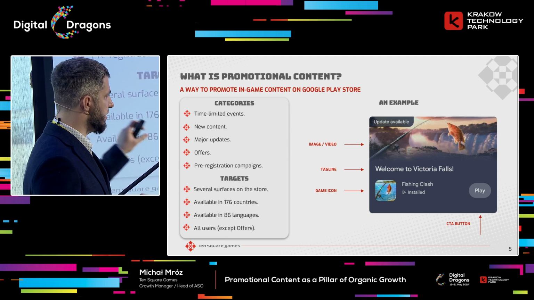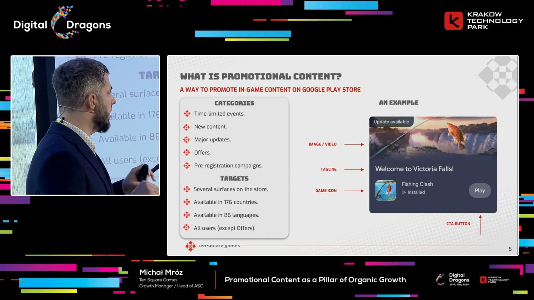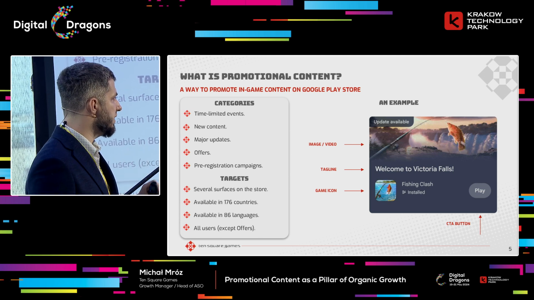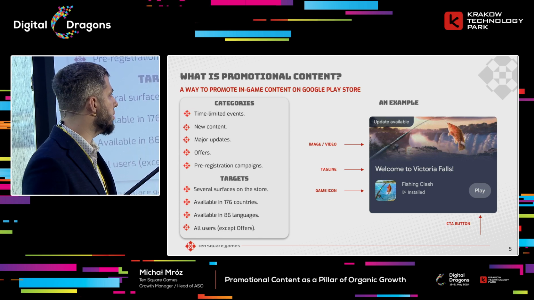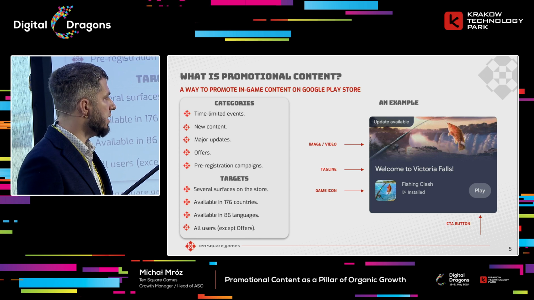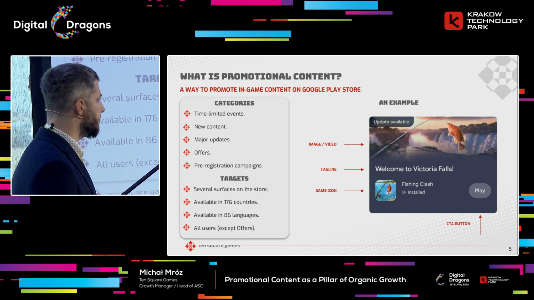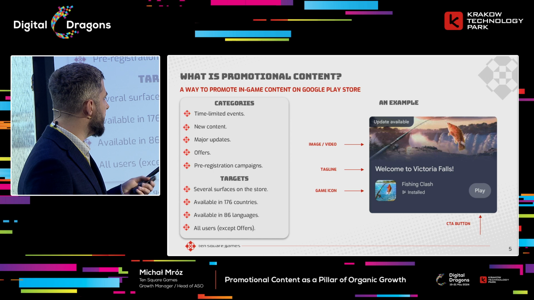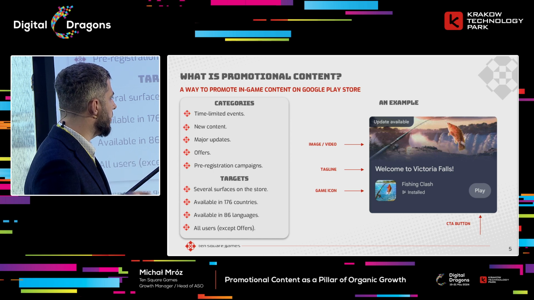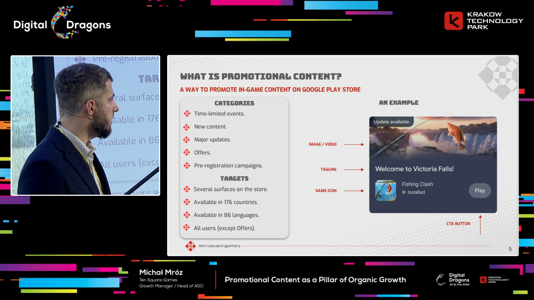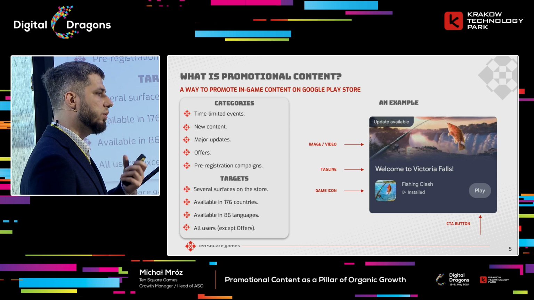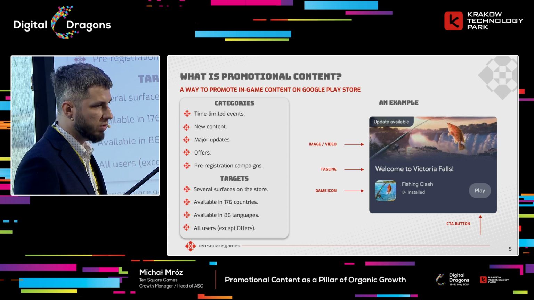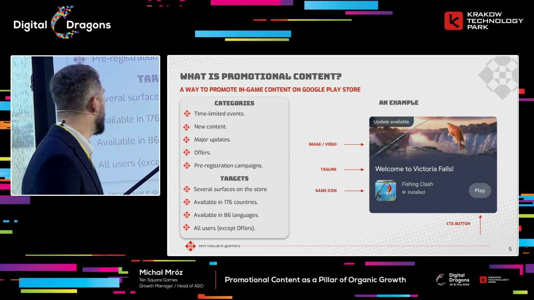Sometimes there is also description or part of this description. It's not always available, like in this example. It's just depending on what algorithm on Google Play decides. Then there is something simple as a game icon and a CTA button that can encourage you to play, to update your game, or to download if you haven't had it before.